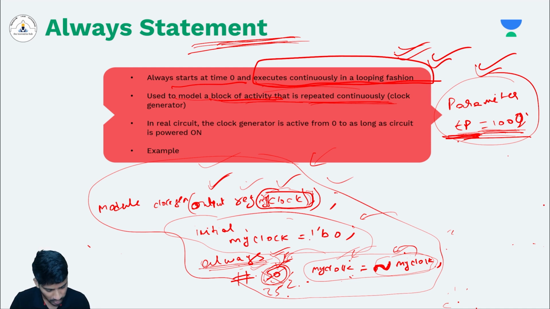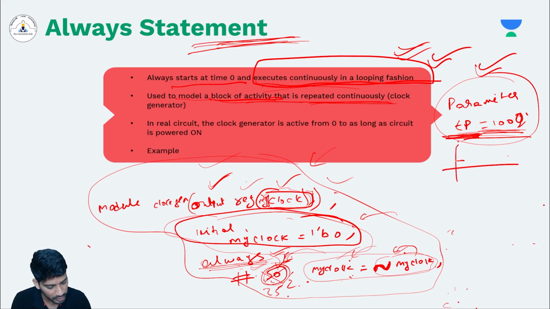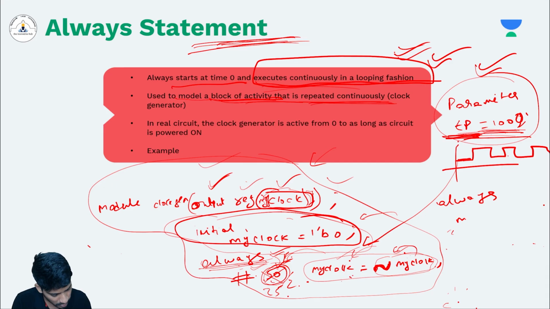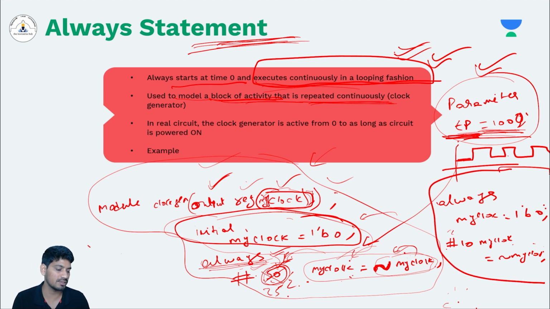You might think, why do I require this initial statement, because I am initializing to 0 and then flipping. So why don't I do that in the always block itself? Let's say I write like this: always my clock is equal to 1'b0, and then after, let's say, 10 nanoseconds, my clock is equal to negation of my clock. What happens if we write a code like this?